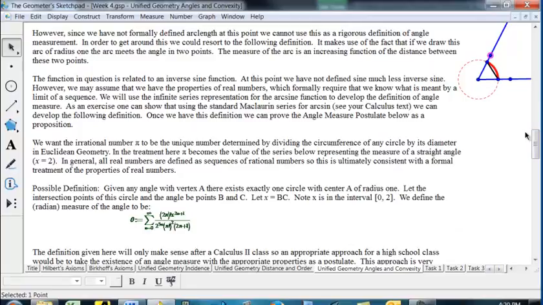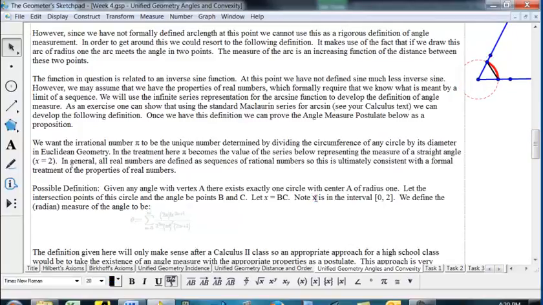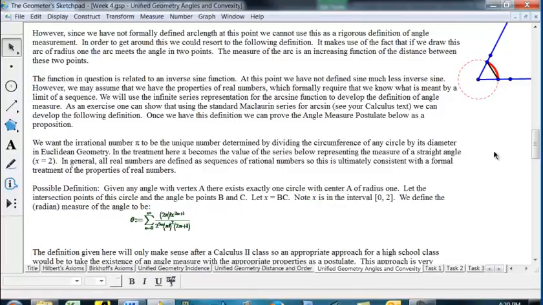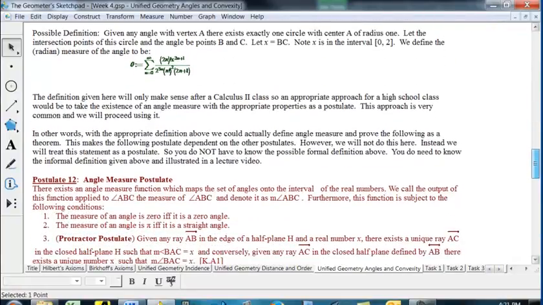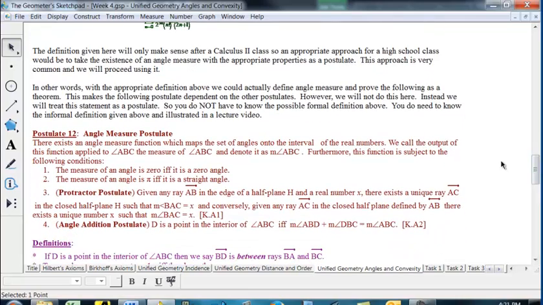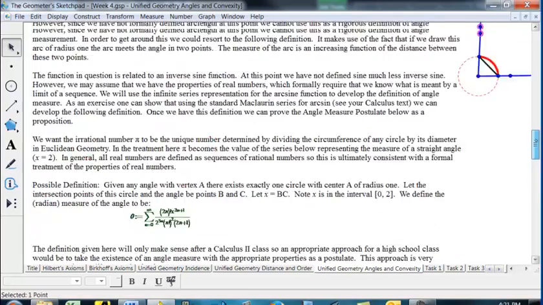However, this is not really nice in the sense that it requires a lot of machinery that you guys have seen, because you've all had at least Calculus 2, but this is not the kind of thing you could do with a high school class by any means. So we're not going to use this definition, so you don't have to know that. What we're going to do instead is actually just postulate the existence of an angle measure with certain properties.